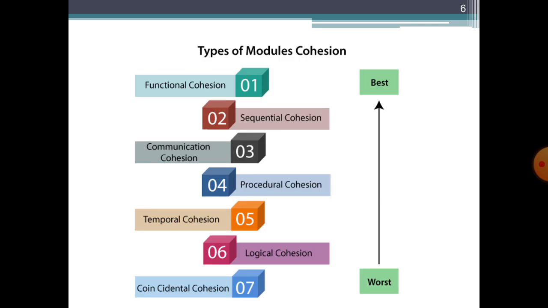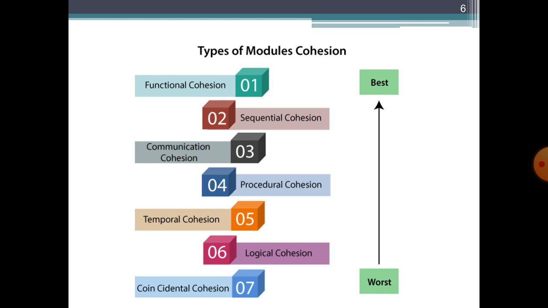Similarly, we also have types of cohesion, ranging from best to worst. You should try your best to achieve the best cohesion, because if your program has high cohesion, your design will be good. If your program has the worst or minimum cohesion, it will lead to a bad design. What types of cohesion do we have?